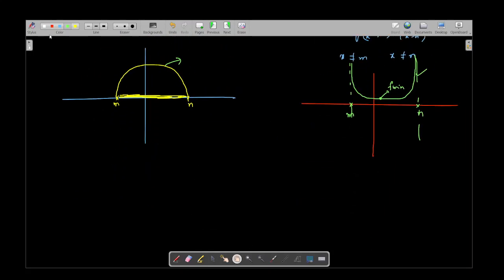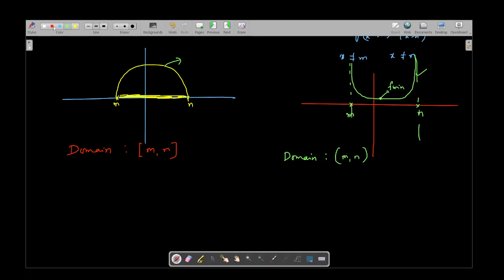So what is the domain? The domain over here is between m and n. Both m and n are included. What about here? Here the domain, of course, is between m and n, but we cannot include m and n. That is the difference, because at m and at n you get undefined values.